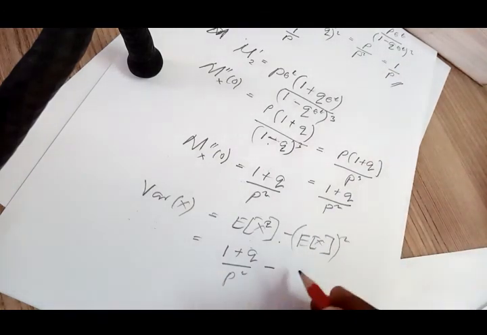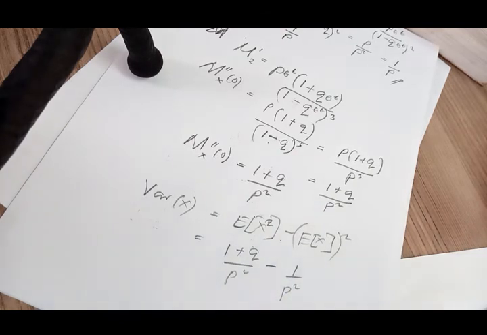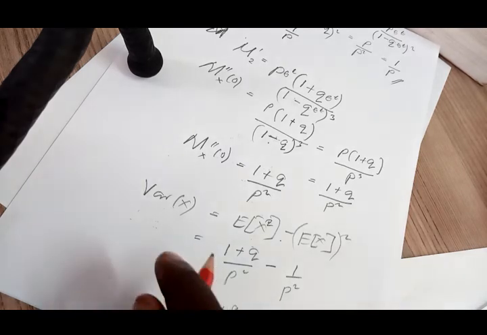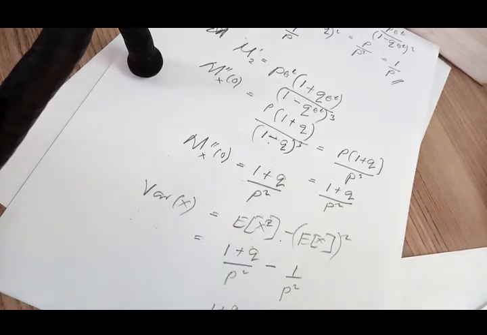So we are going to say 1 over p, then we square this one. Now if you are working this out, what are you going to have? This is going to give you 1 plus q minus 1 over p squared.